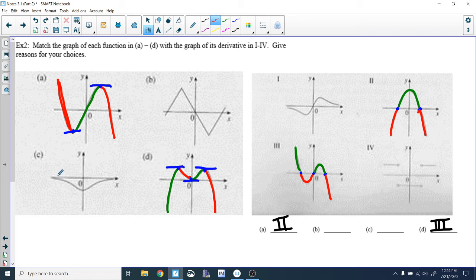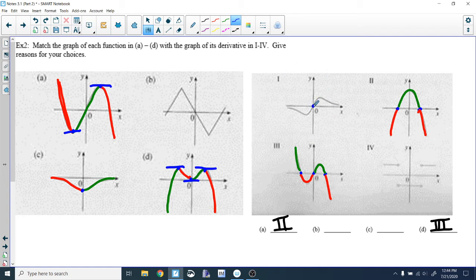All right, let's take a look at C. Again, whenever I'm looking at an original function, we're looking at the direction of it. When is it increasing? When is it decreasing? When is it turning? So I see an interval that is decreasing to here. It then changes direction and it is increasing. And it has a turning point right here at x equals 0. So I'm hoping that you're looking at Roman numeral 1.